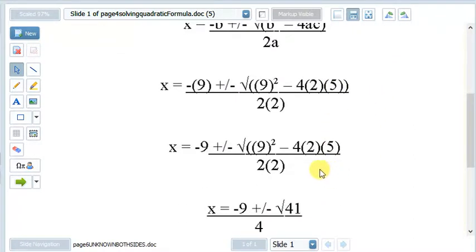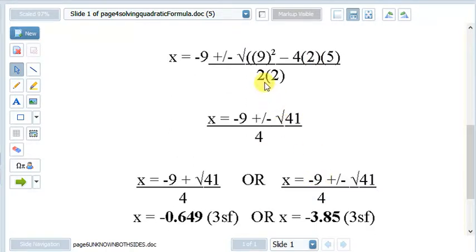So now we simplify, we take out the brackets at the front, and it becomes minus 9 plus or minus the square root of, and when we simplify this under the square root it becomes 41. So that's 81 take away 40, which is 41. 2 times 2 is 4 on the denominator.